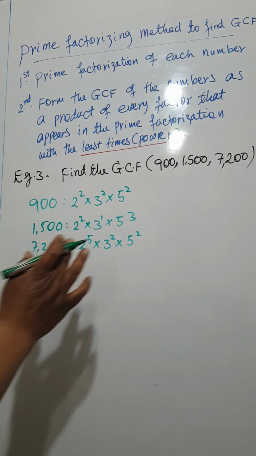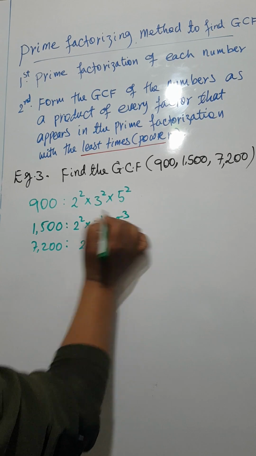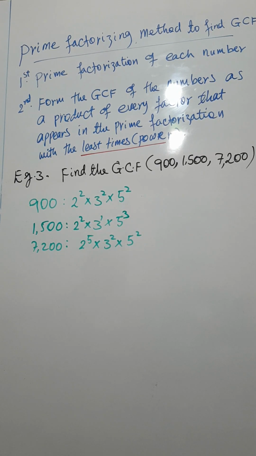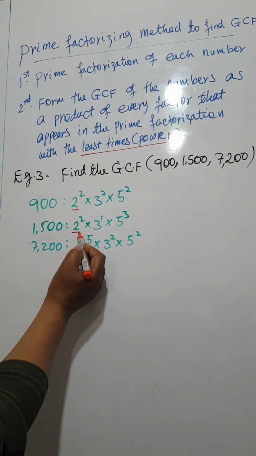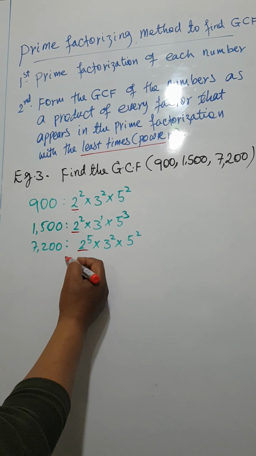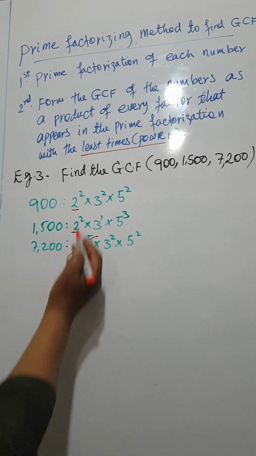This is not 53, this is 5 to the power of 3. So, in which case does 2 happen with the least power? Here we have 2 to the power of 2, 2 to the power of 2, and 2 to the power of 5, which is the bigger one. So we take 2 to the power of 2.